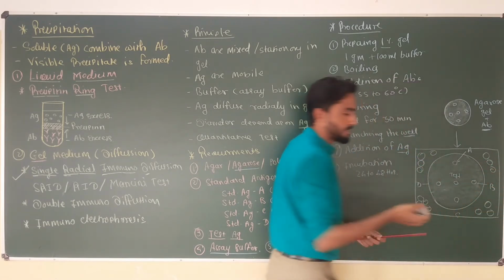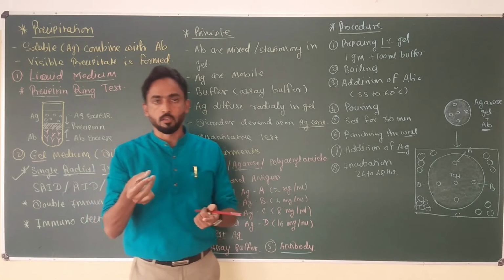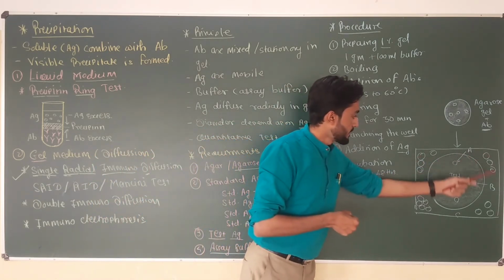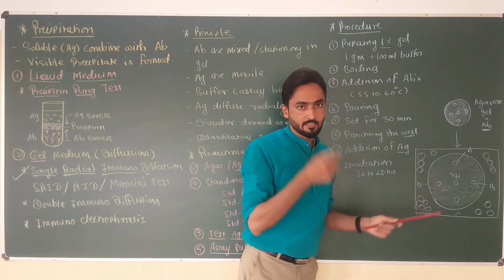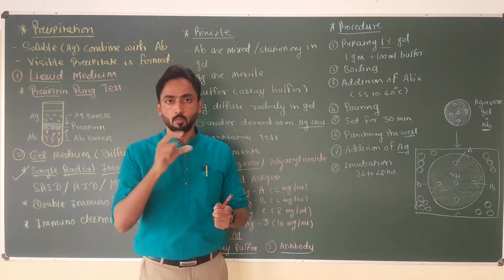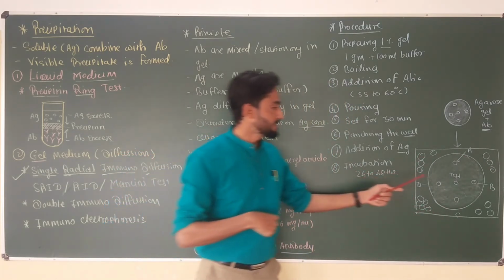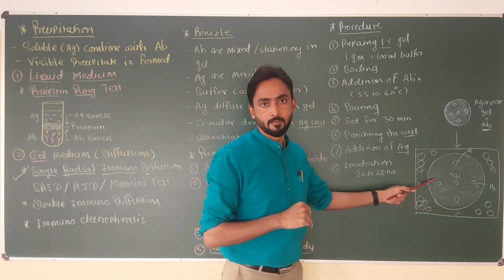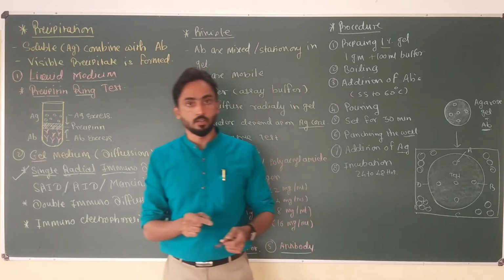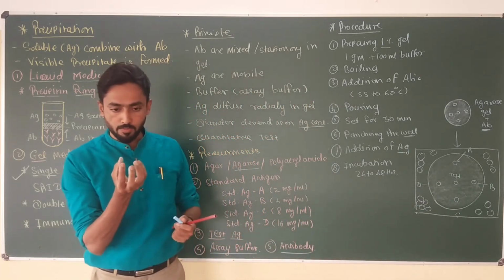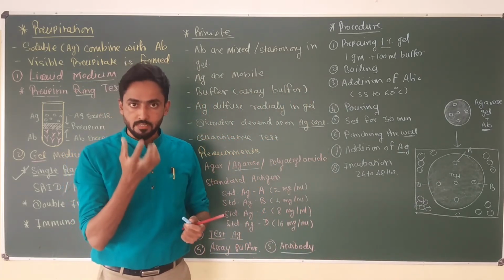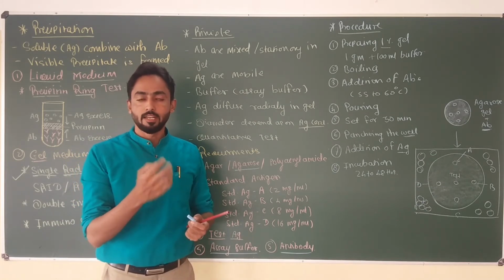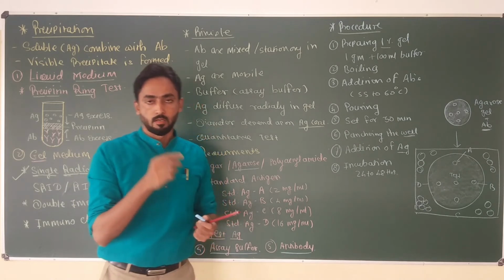You just make the cotton balls, soak them in glycerol and keep them in this chamber. This glycerol cotton ball will maintain the moisture inside the plastic box which contains this Petri plate. Moisture is very important for proper diffusion of the antigen in the gel, so that once the antigen diffuses, the reaction will appear properly.